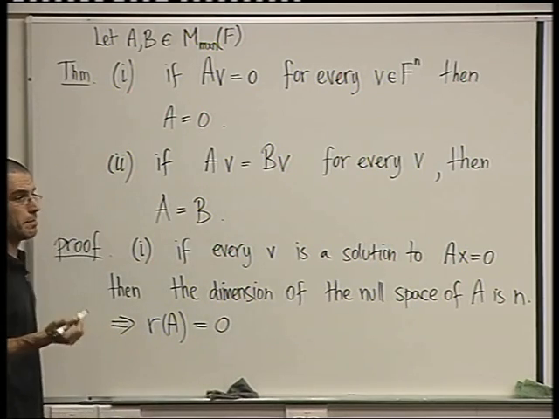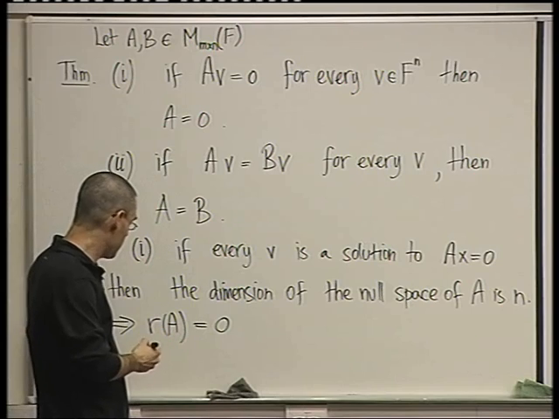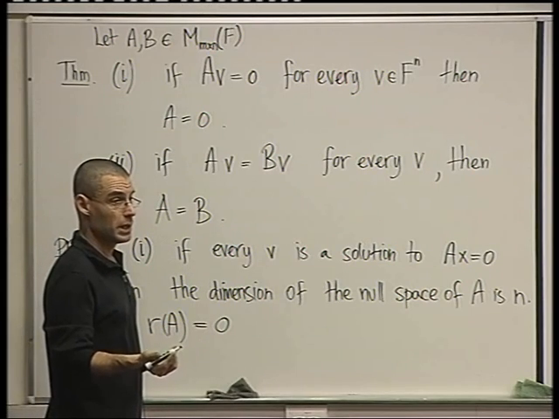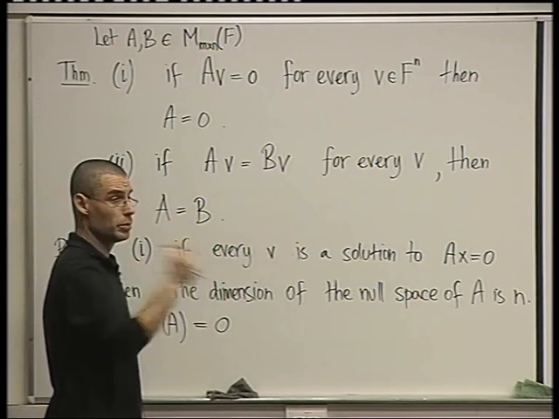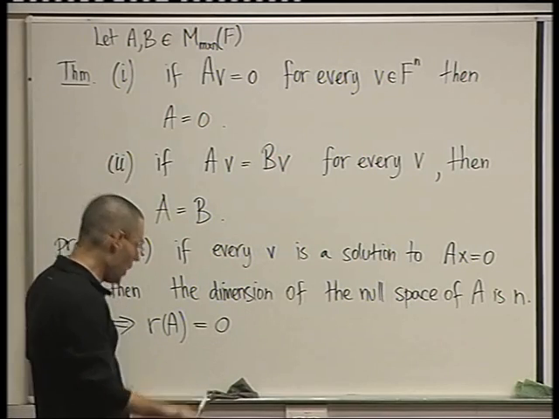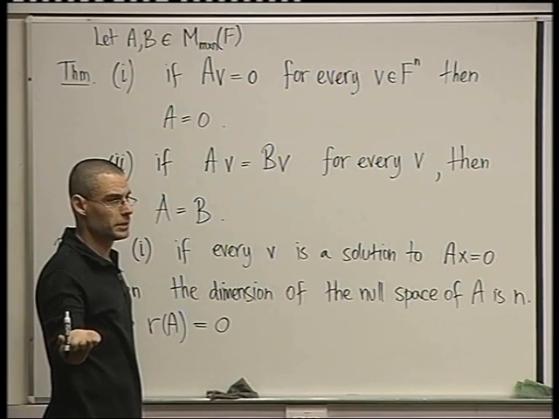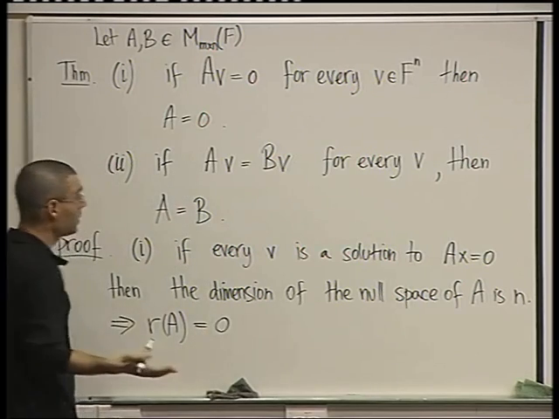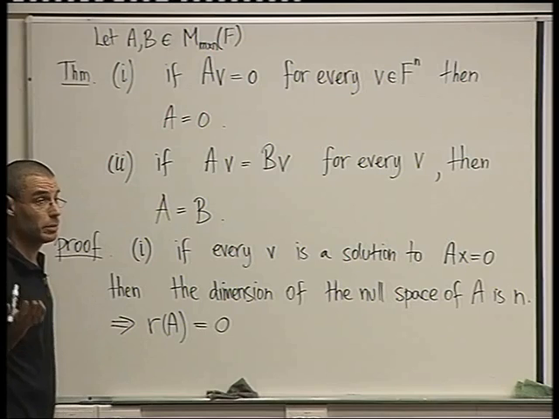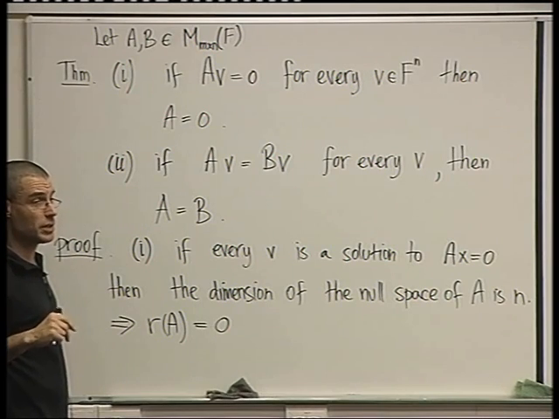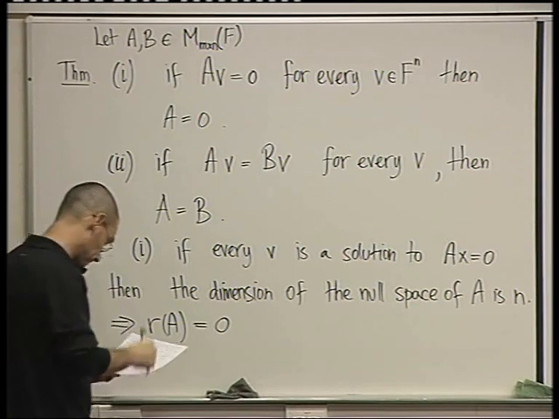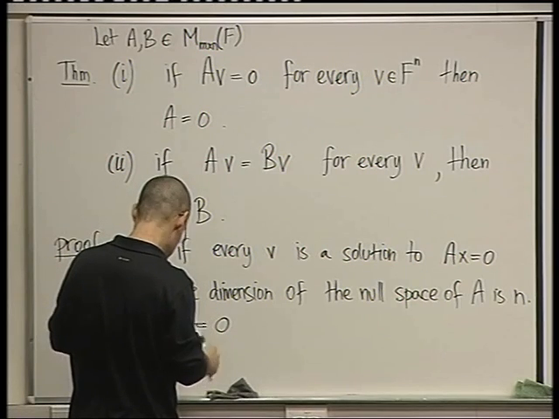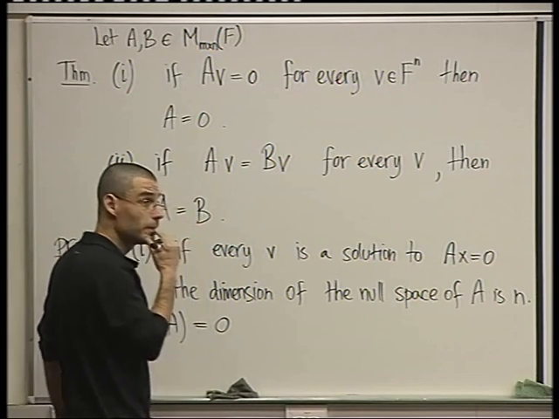And when does a matrix have rank 0? It means that after we do row operations, all the rows are 0. Do you agree? Okay. So what matrix has rank 0? When can we do row operations and get 0?